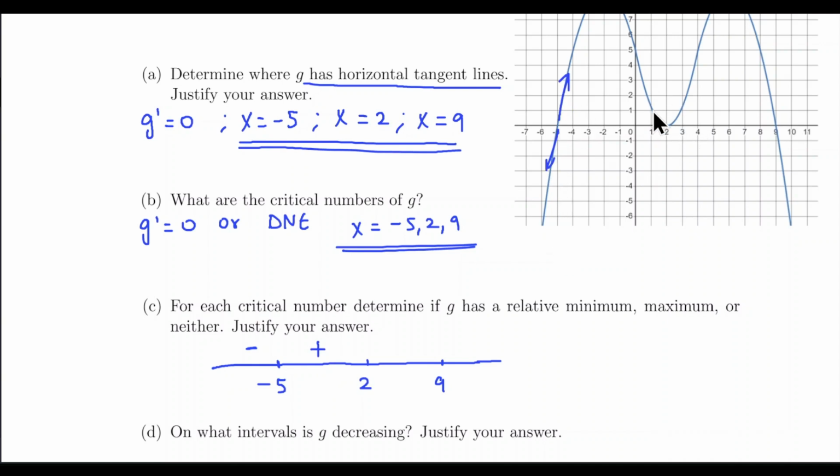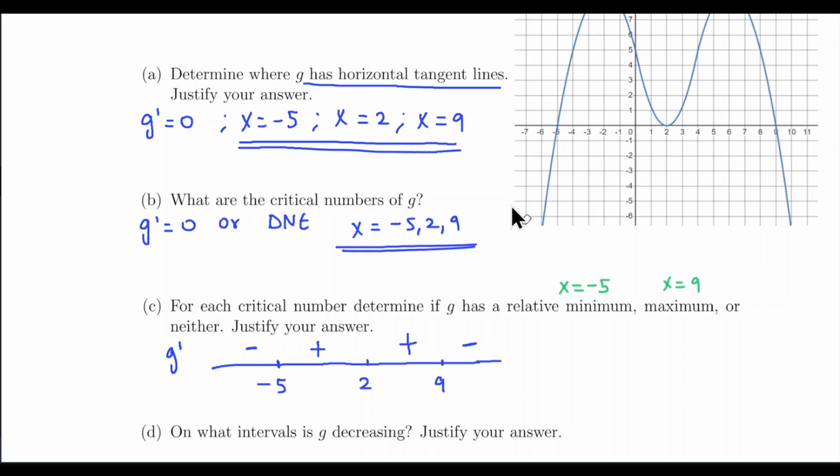At 2, it is not really changing because it was positive before and positive after. And after 9, it is negative. This makes it very clear that the relative minimum will be at x equal to -5 because g prime is changing from negative to positive. And at x equal to 9, g prime goes from positive to negative, so it should be a maximum. That's how these things work.